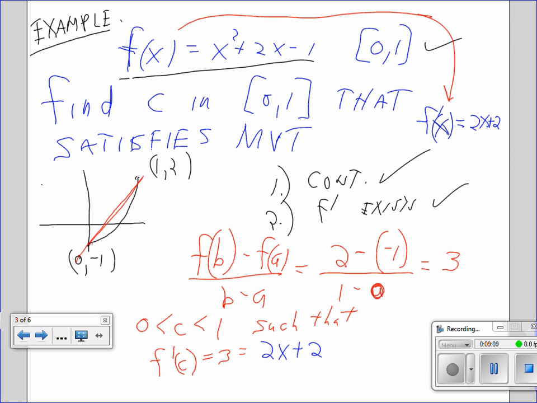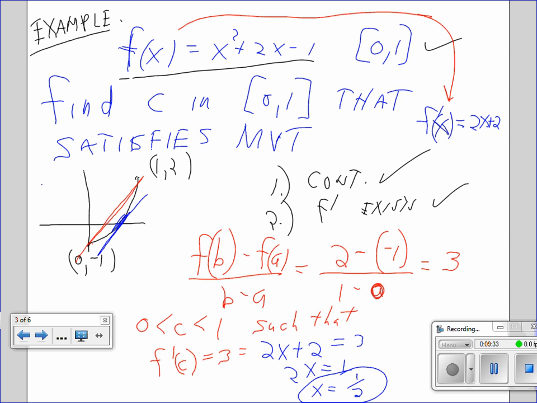Where does it equal 3? I'm going to do a little bit of algebra here. And I'm getting 2x is equal to 1. Oh, guess what? x is equal to 1/2.